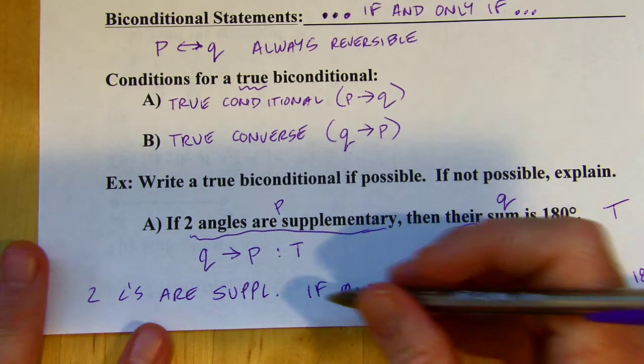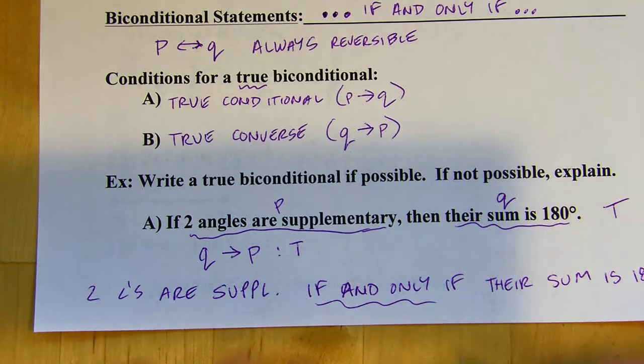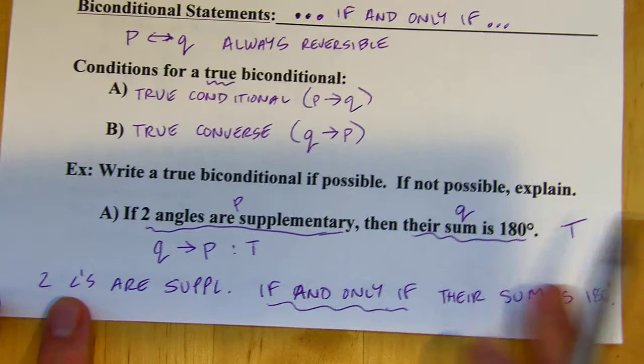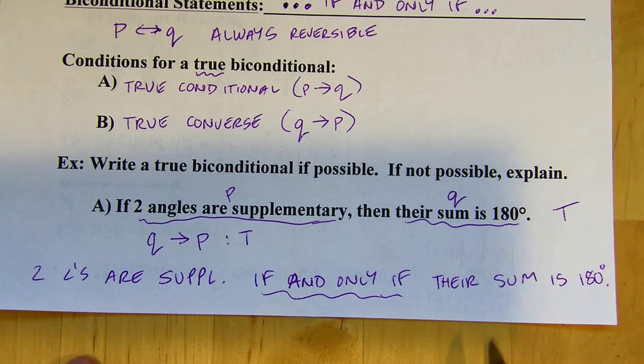Okay, and that is my true biconditional. I check that it works both directions. And you could flip this around. You could say two angles sum is 180 degrees if and only if they are supplementary. That would work as well. So you can write them in either direction.